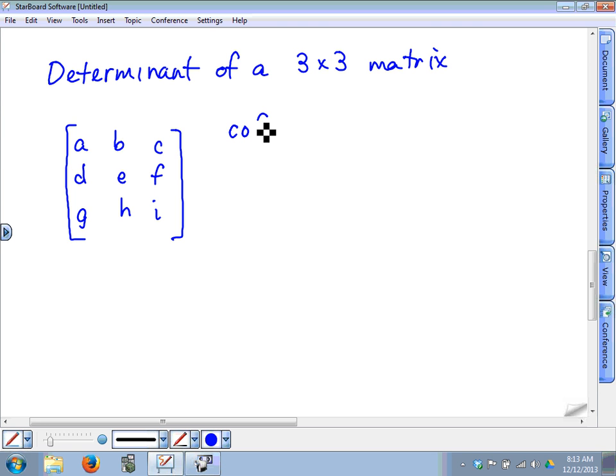First one is called a cofactor. The cofactor of a matrix.